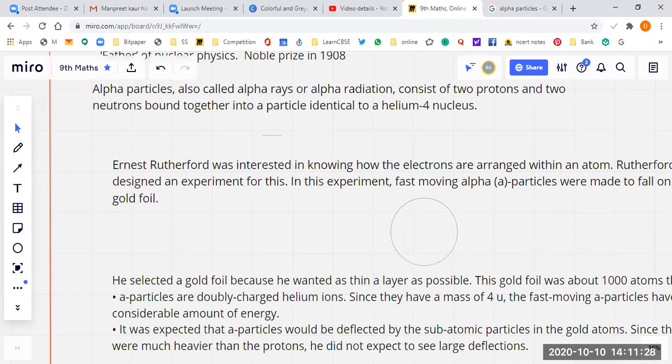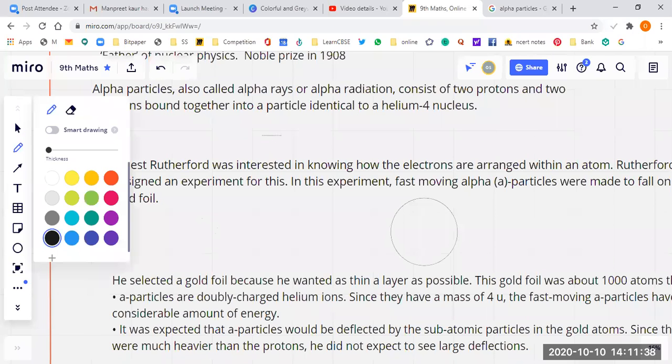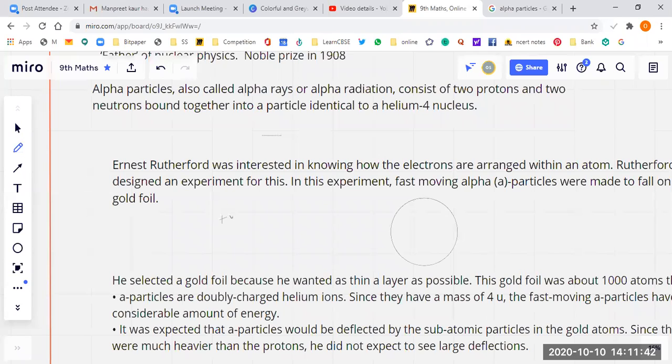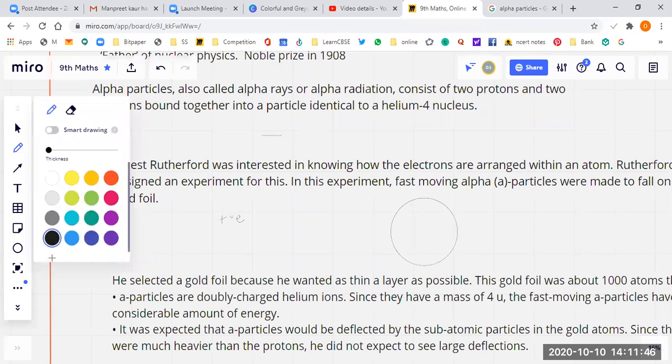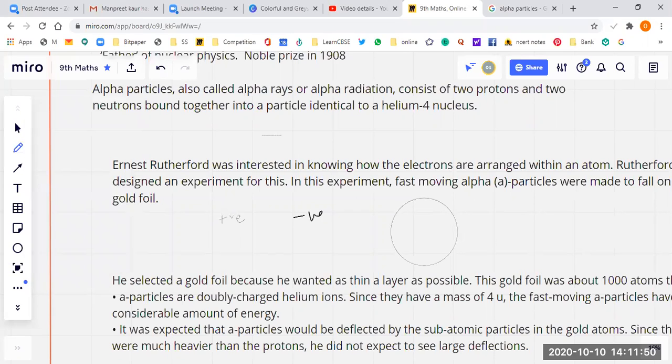That postulate had one good advantage. What was the good advantage? J.J. Thomson told that the amount of positive charge and the amount of negative charge in an atom are equal.